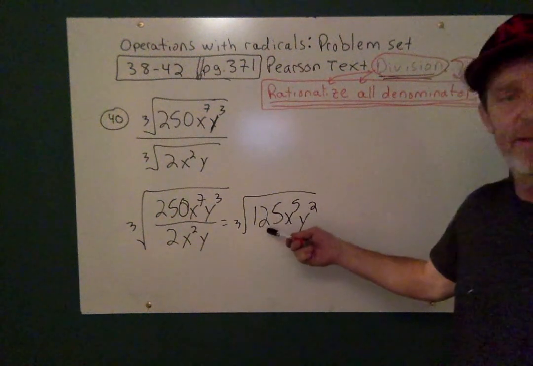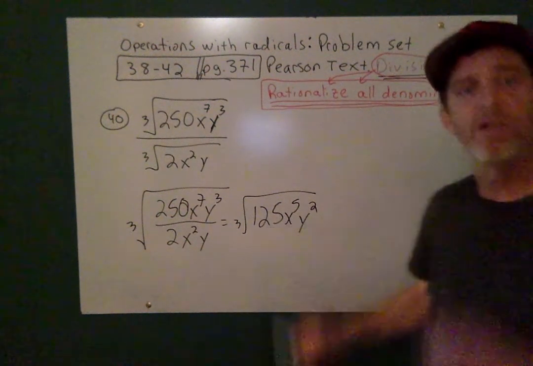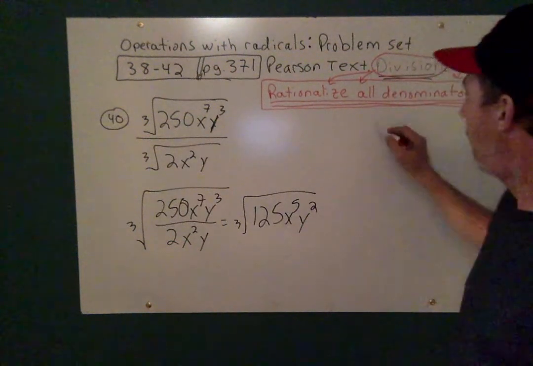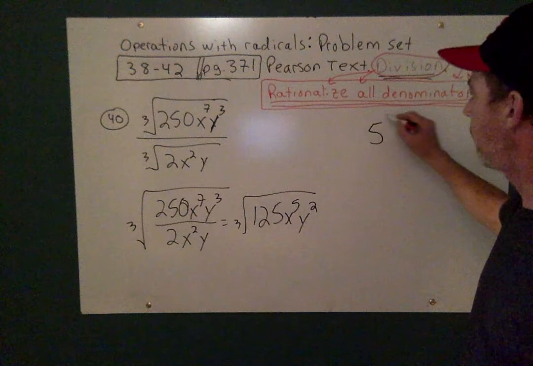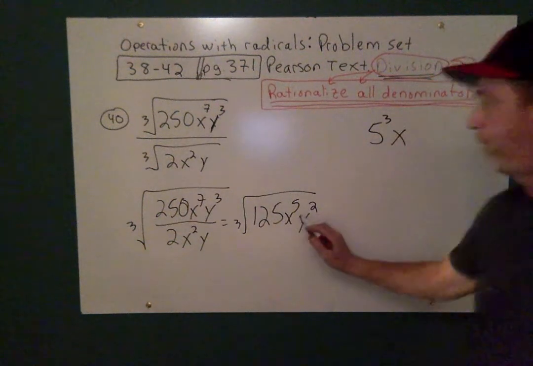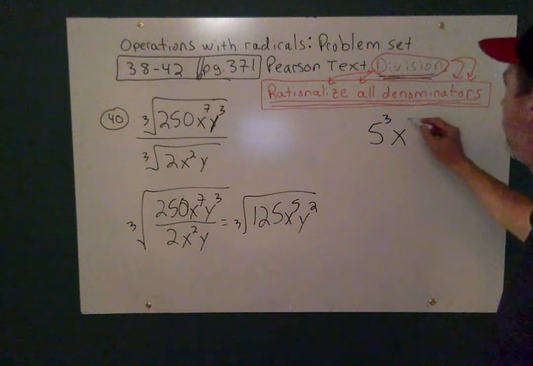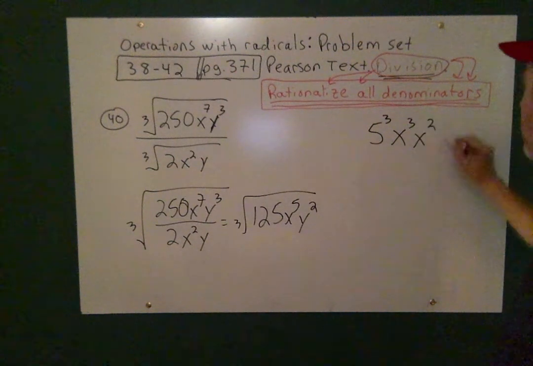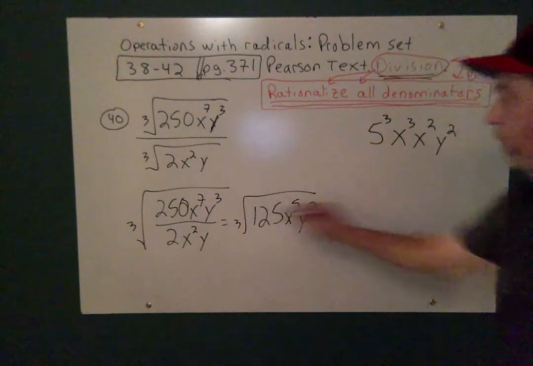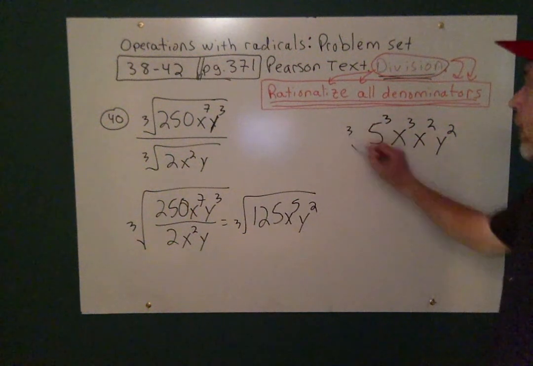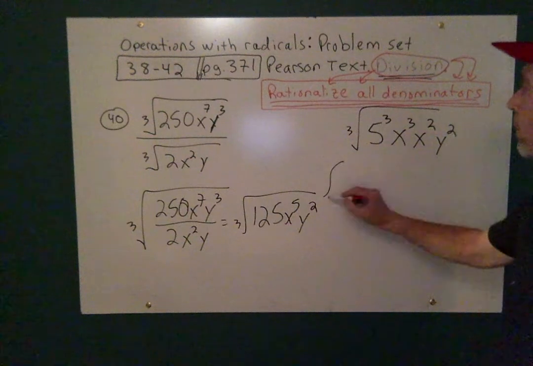This is 25 times 5, which is 5 times 5 times 5. So writing this in base form, I would have 5 to the third. And then I'm going to break this 5 up so that 3 goes in: 3 plus 2 is 5. So x to the third, x to the second, y to the second. Of course, 3 is not going into that. Nothing you can do. It'll be in radical form. All of that is under the third root.